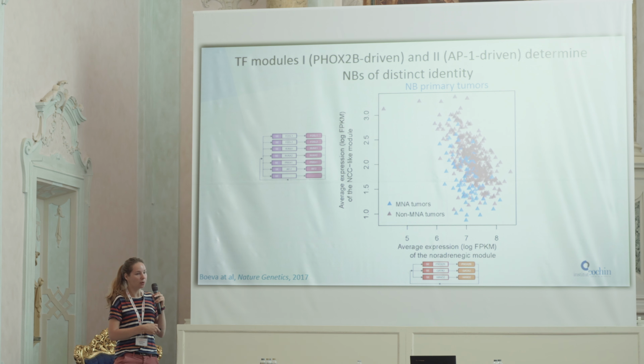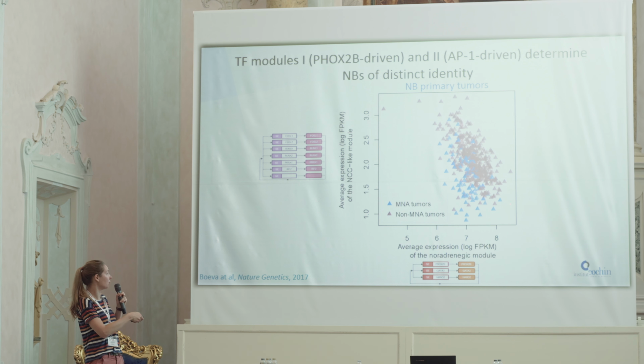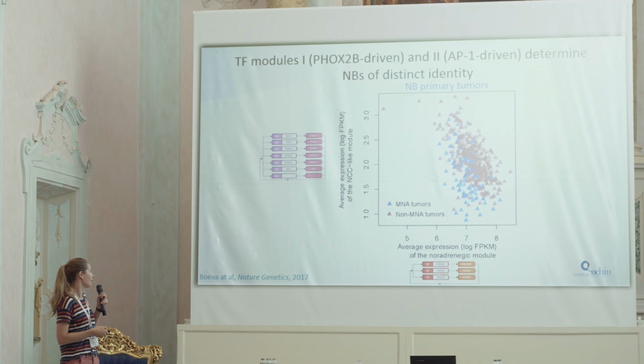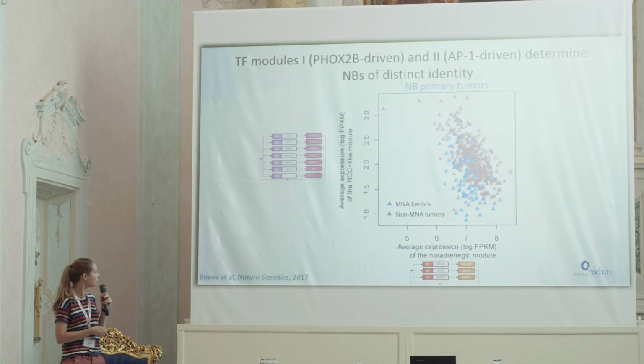And we were quite disappointed when we saw this picture because we were expecting to see 2 clusters. One cluster expressing module 1 and one cluster expressing module 2. And it was not the case. So after thinking for some time, we thought maybe tumors are heterogeneous. Maybe in the tumors, we can have both types, both identities.